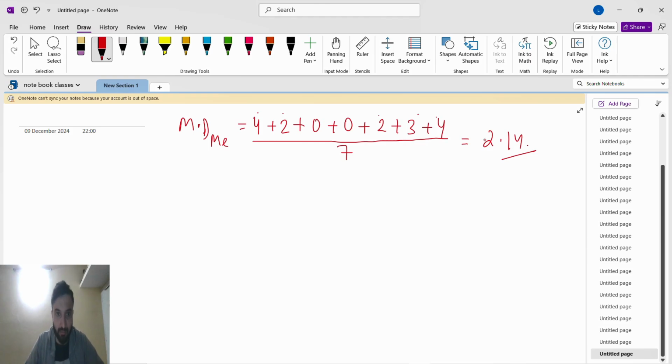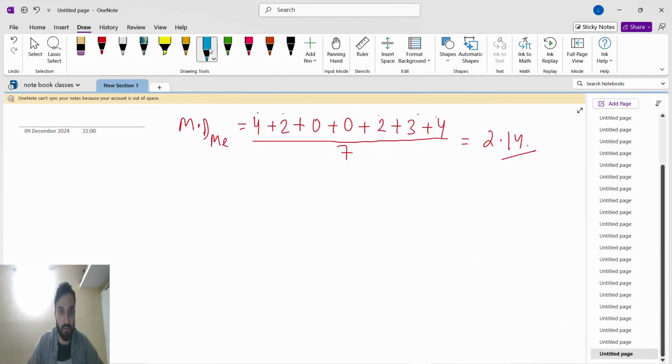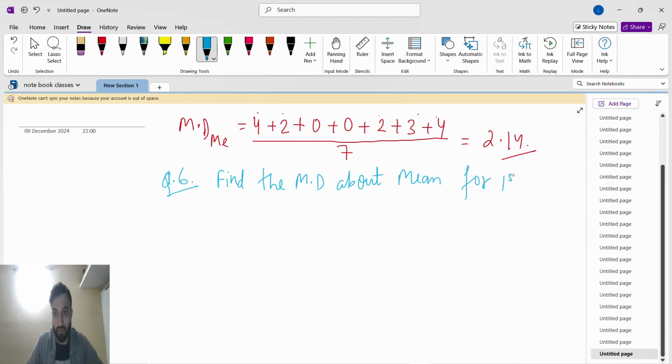Next question is, find the mean deviation. Question number 6. Find the mean deviation about mean for the first 10 natural numbers.